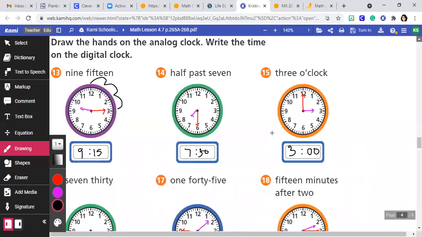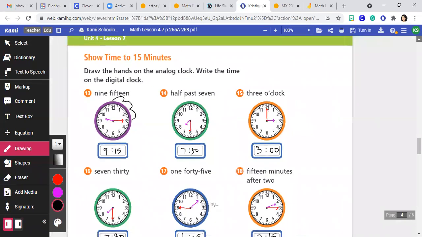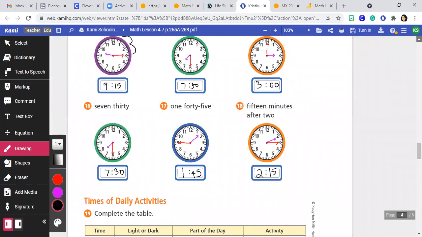Number 15, 3 o'clock. You can see that my minute hand is pointing straight up to the 12 there and straight at the 3 o'clock because it's 3 o'clock on the dot. 7:30 looks like this. 30 minutes past the hour is pointing towards that 6. 6 groups of 5 is 30.